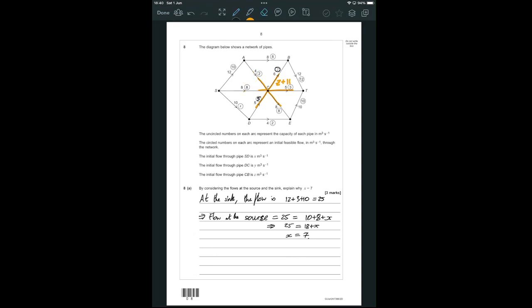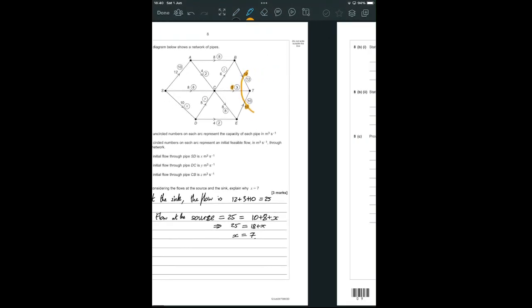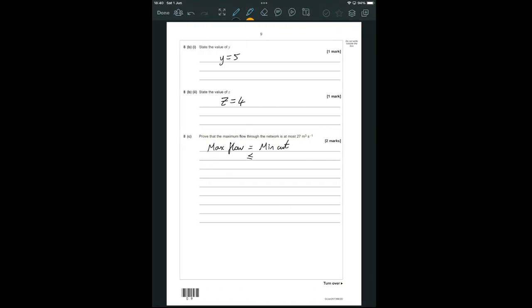Let's go to my annotations for clarity. Can I find a cut of 27? And I've already kind of seen that the maximum flow is less than or equal to the cut that splits t from the rest, and that is a cut of 5 plus 12 plus 10, which is 27.